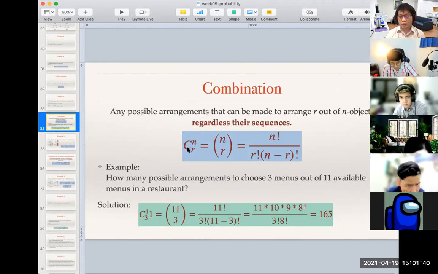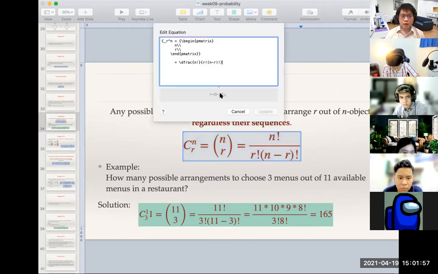Here the mathematical symbol is C, similar to permutations. How many elements out of the number of sets that you have. So basically it's similar to permutations.